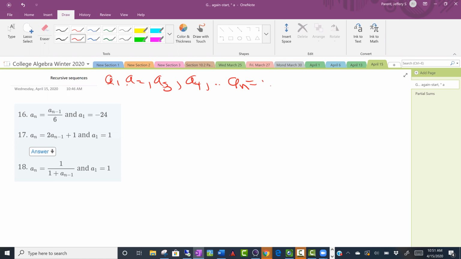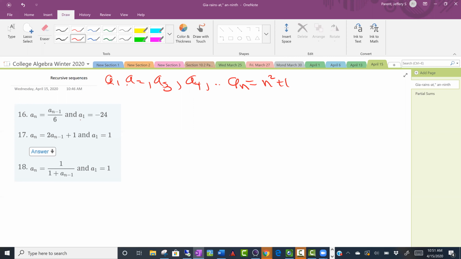A sub n is maybe n squared plus 1 or something like that. You get a nice formula that you can directly plug into. Recursive sequences are different. To get any term in a recursive sequence, I have to know the previous term.